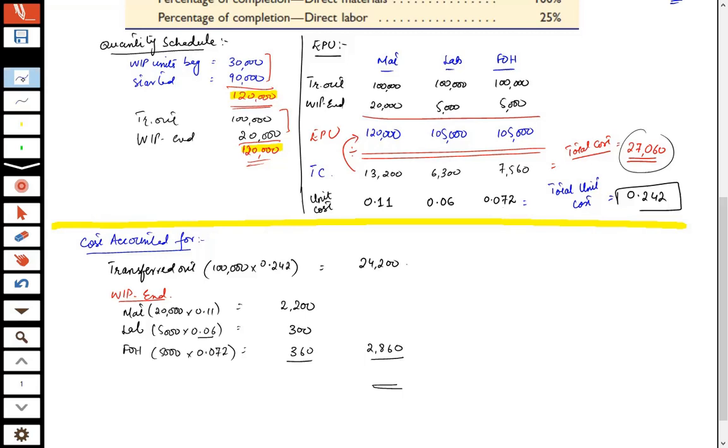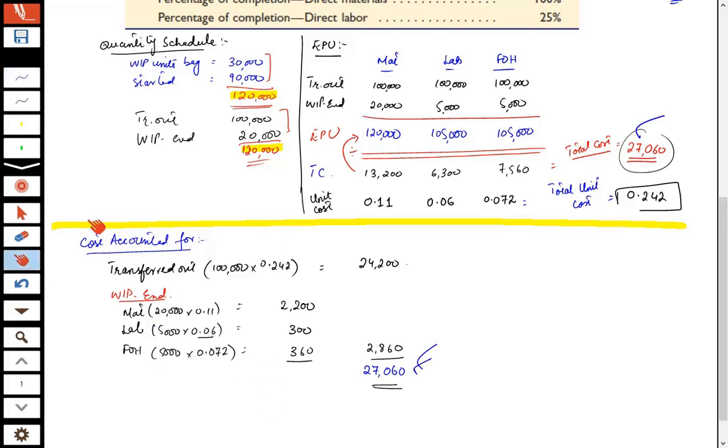Is it 27,060? Yes, it is. Now we have tallied the cost that we have calculated and divided into the transferred out cost, that is units completed, and the WIP ending cost.